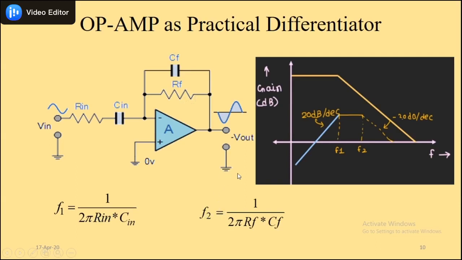If you have come across the Bode plot in your control systems, I would encourage you to get the transfer function of this circuit, meaning you have to operate in the Laplace domain. Then you will be able to get the transfer function, and the method which you applied there to get the Bode plot applies here.